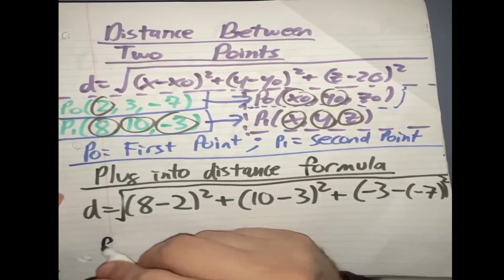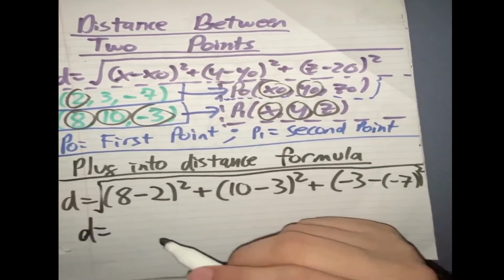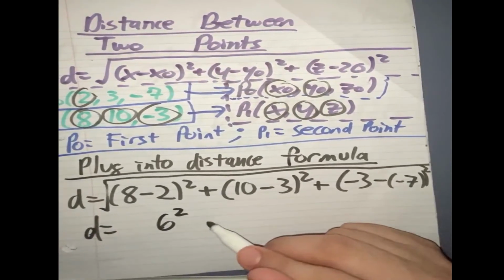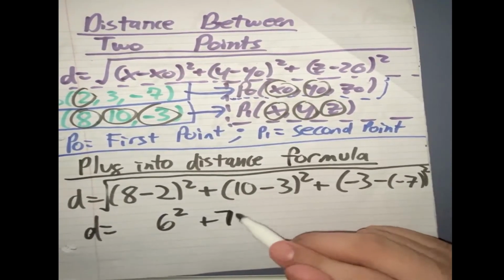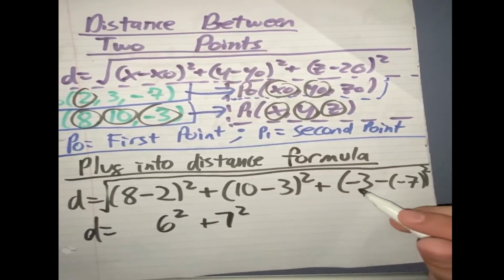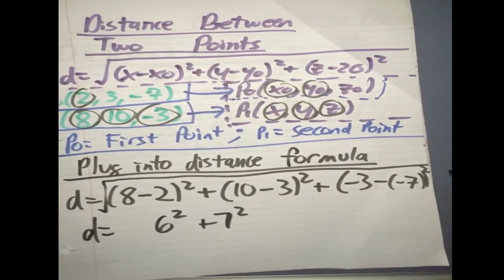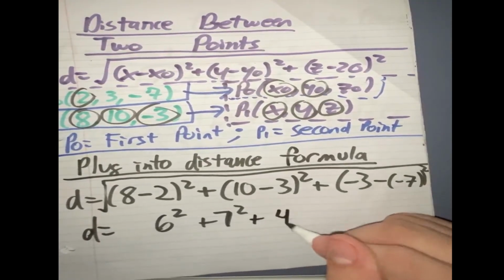So now the next step is to simply just compute. You can use your calculator or you can just use arithmetic. So we get 6 squared plus 7 squared. Negative 3 minus negative 7 is negative 3 plus 7 squared, which is plus 4 squared.